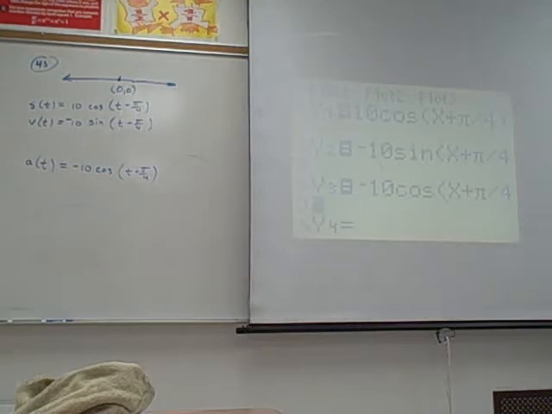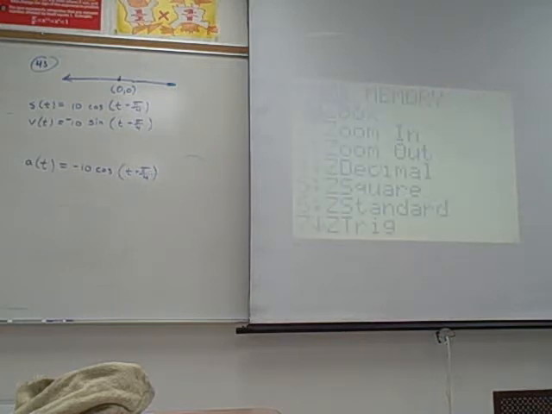And let's find the velocity first. So I'm just going to turn off the first and third ones, only looking at the velocity equation. I'm going to hit zoom 0. Really what I want to do is plug that 0.78 time I had into the velocity equation.